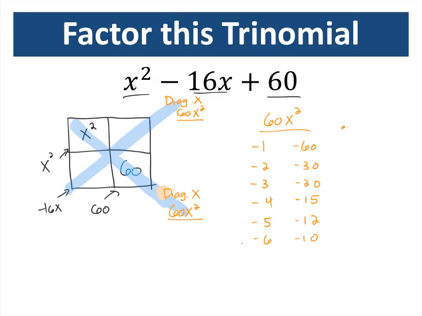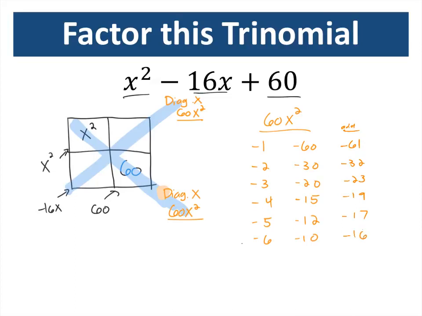And when I'm adding them up, I get negative 61, negative 32, negative 23, negative 19, negative 17, and negative 16.